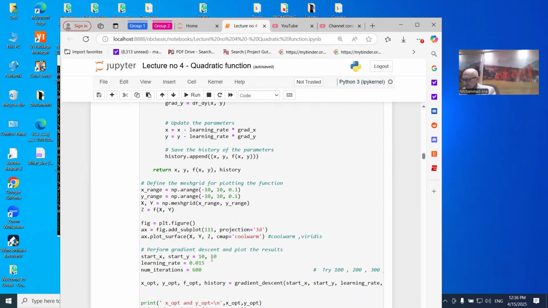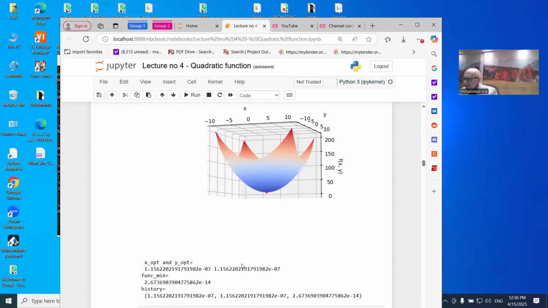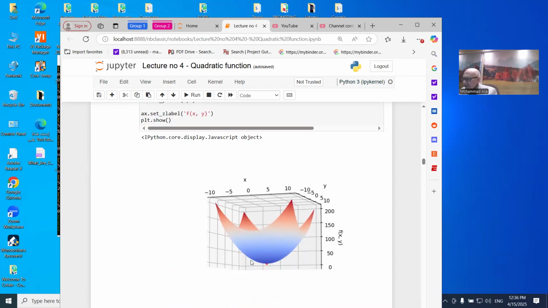So the value of the coordinate x as a beginning is 10, and the value of y as a beginning is 10. Here they are shown. If we rotate, I have rotated it.